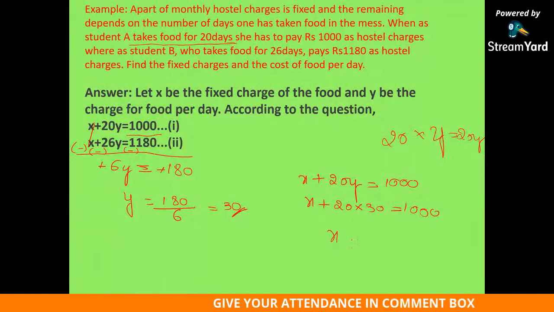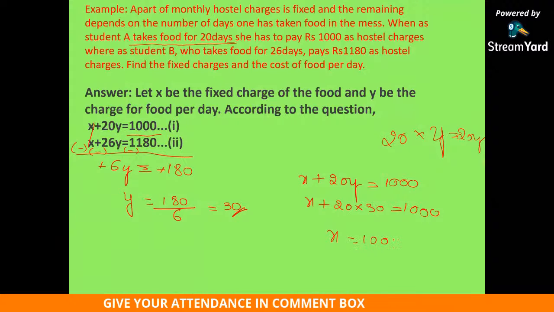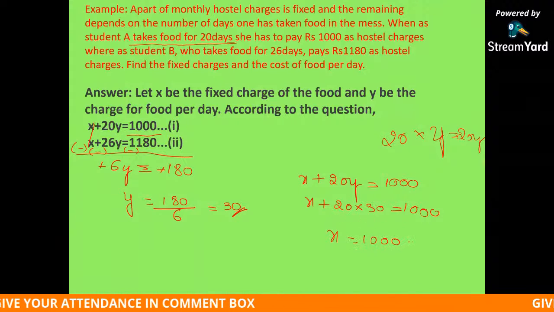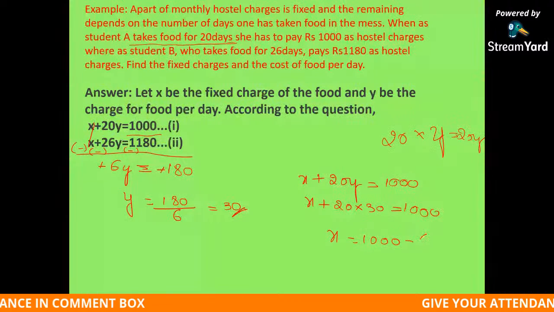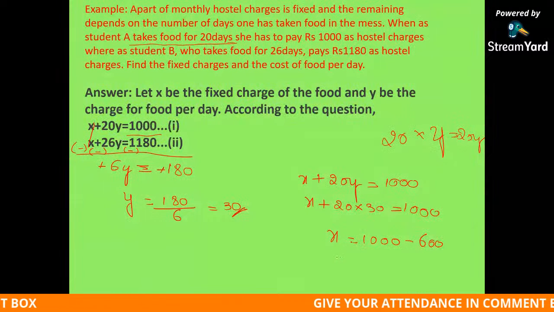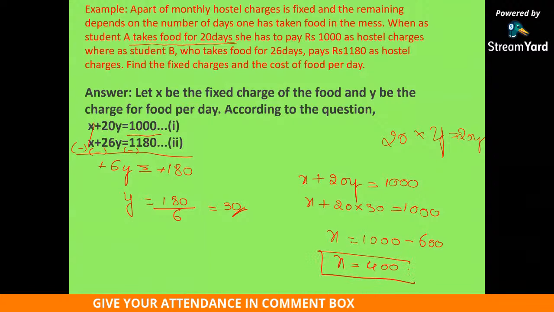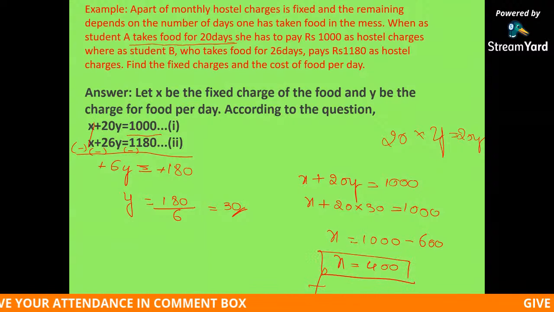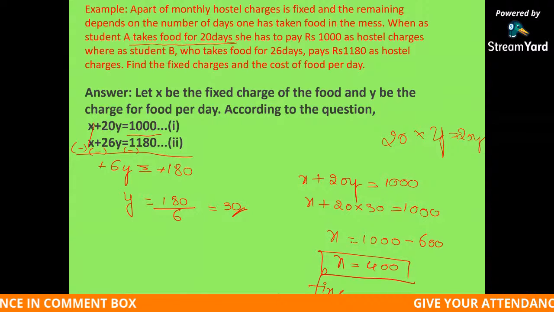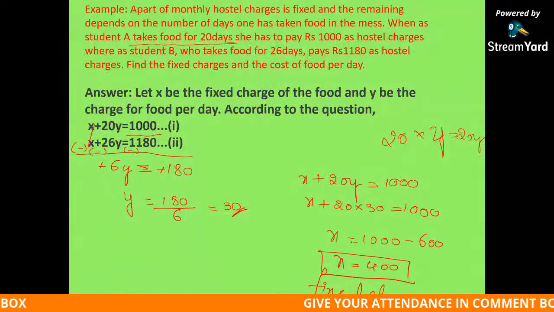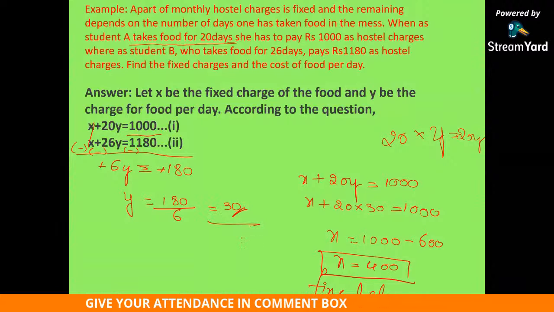Then x is equal to 1000 minus, 20 into 30 is 600. x is equal to 400 rupees. This is your fixed charge and this is your food charge.